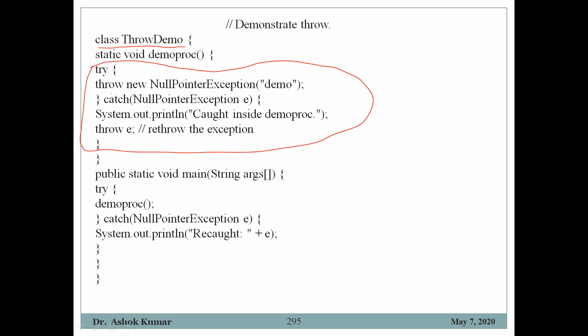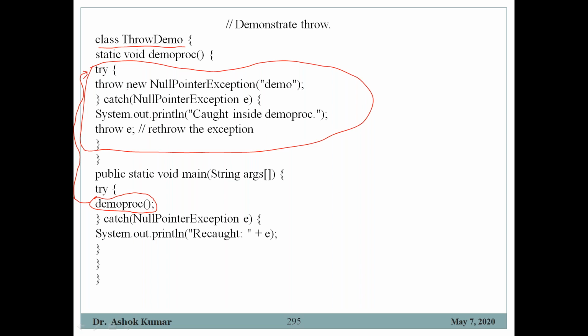We are calling this demoProc from the main within the try block over here. This is the name of the method. When it is called from main, the control will be transferred to this method. In other words, Java will start executing the statements that are there in the demoProc method.